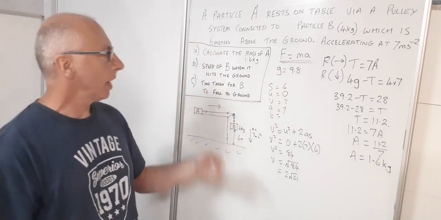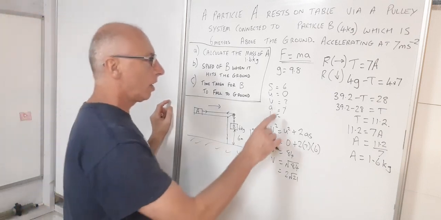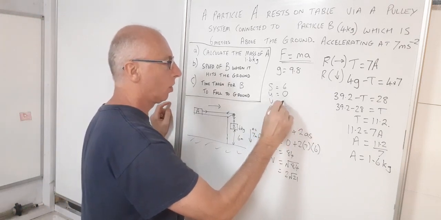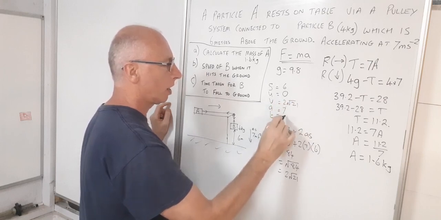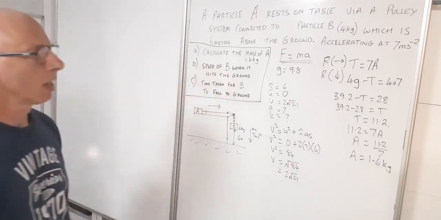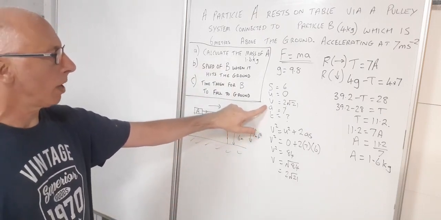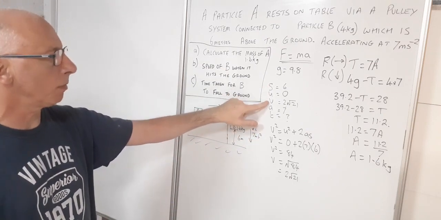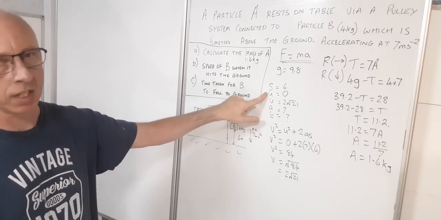Now the time taken for B to fall to the ground. I now know my velocity, which is the square root of 84, or 2 root 21, so I'm going to write 2 root 21. I now need T. I've got my A to use, my displacement, my velocity, and my initial velocity as well.